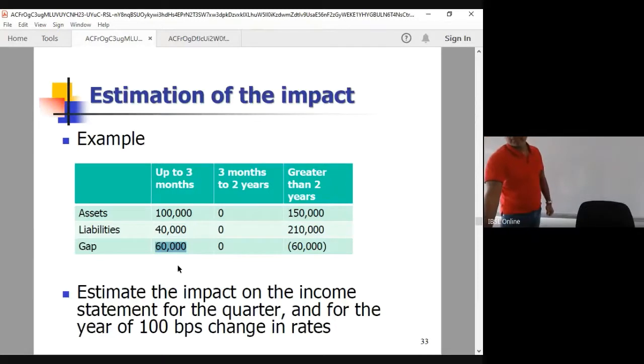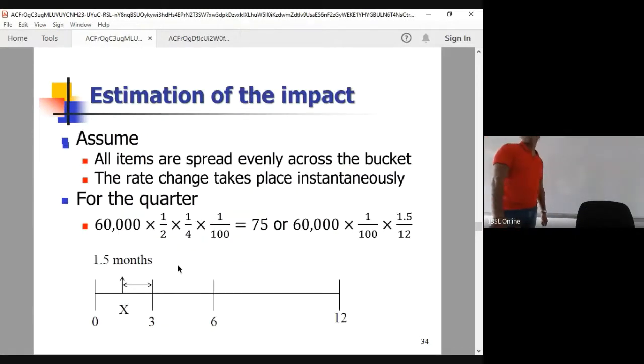If you assume that your items are evenly spread out across the bucket, and the rate change takes place instantaneously, the change of interest for that 3 months is spread evenly across the 3 months. For that quarter, you have 60,000, which is the difference between the assets and liabilities, positive towards your asset side.